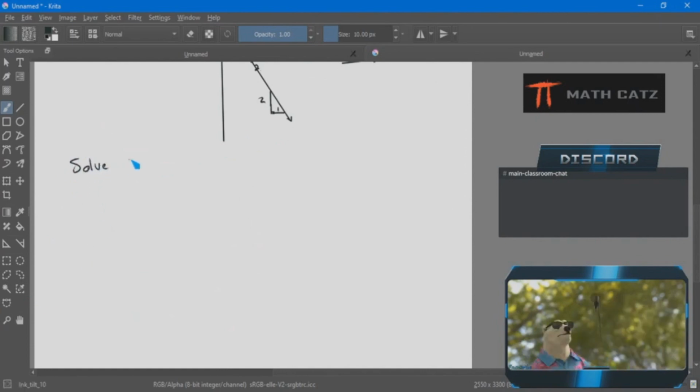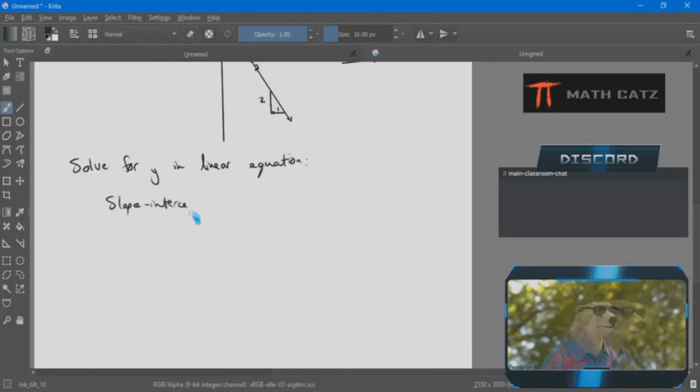So when I solve for y in the linear equation, I'm going to get what we call the slope-intercept form, and in general we write y equals mx plus b.